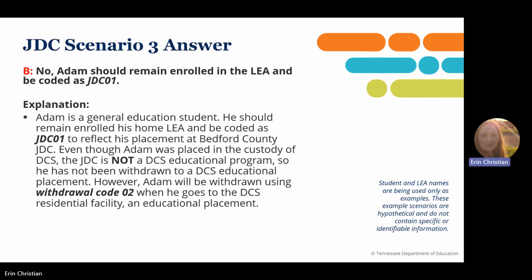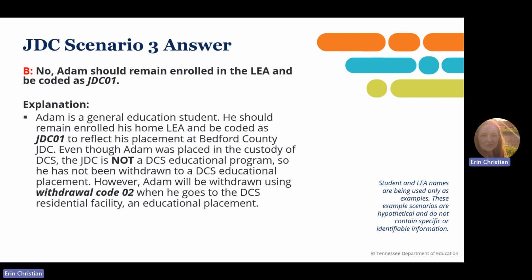B, no. Adam should remain enrolled in the LEA and be coded as JDC 01. Explanation. Adam is a general education student. He should remain enrolled in his home LEA and be coded as JDC 01 to reflect his placement at Bedford County JDC.